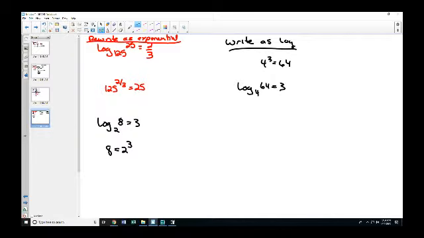Because this is 4 cubed, right? So again, you can rewrite this 4 to the third. And 64 is 4 cubed. Those cancel out, 3 equals 3. And that's on your way to solving log equations. Questions?